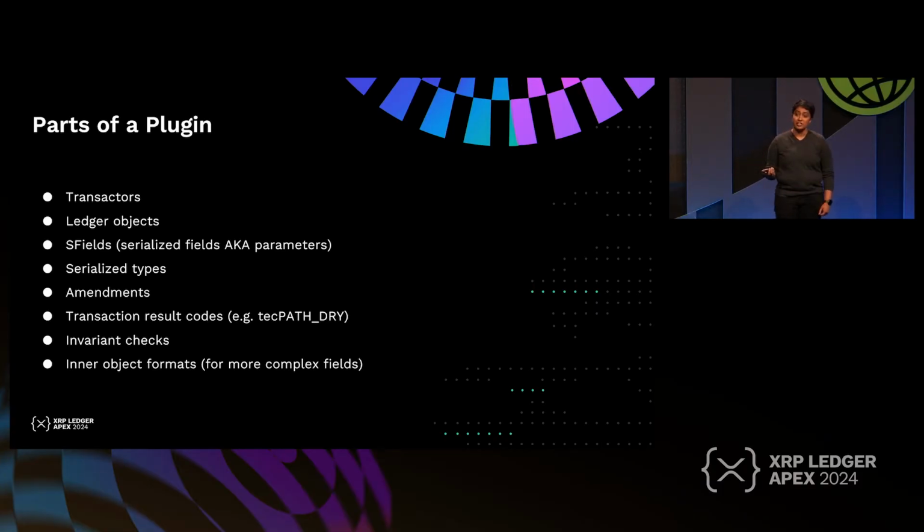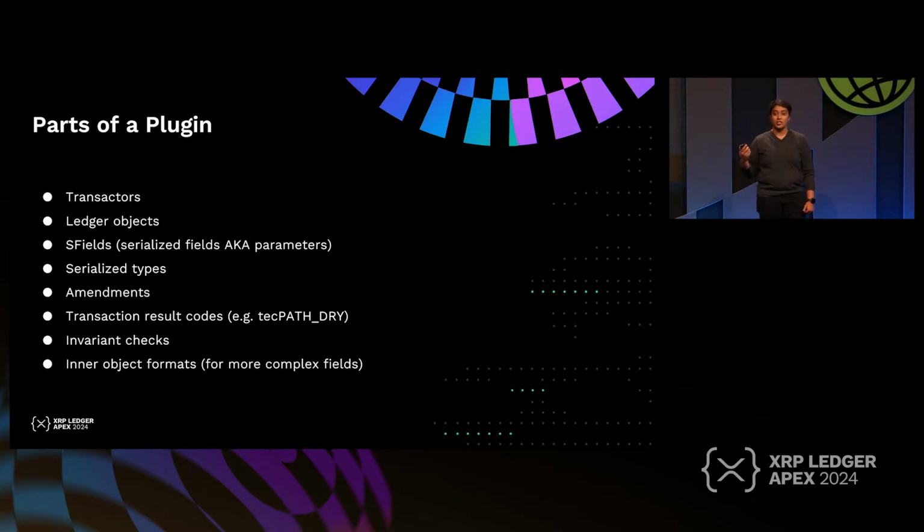Then you have the amendment itself. This is just the gate that you open and close that is done for activation purposes. It's not the code within the amendment, just the gate itself. Then you've got transaction result codes, which are the various result codes that you can return. You can create new ones if you'd like. There's invariant checks, which are sort of one of the magic pieces of the XRP Ledger. It makes sure that nothing happens on accident that you don't want to happen.